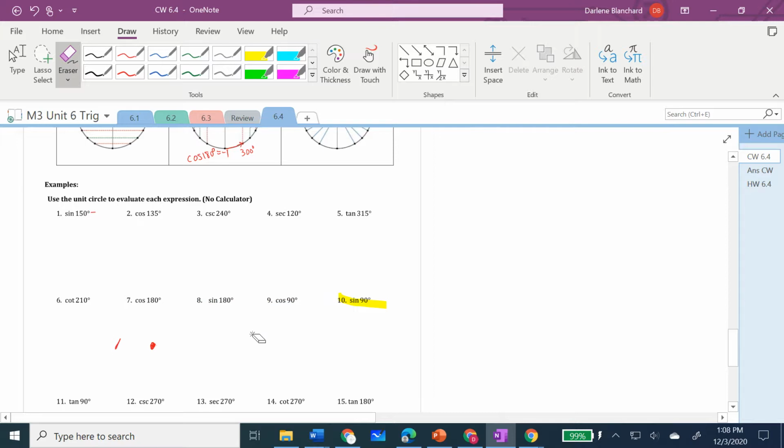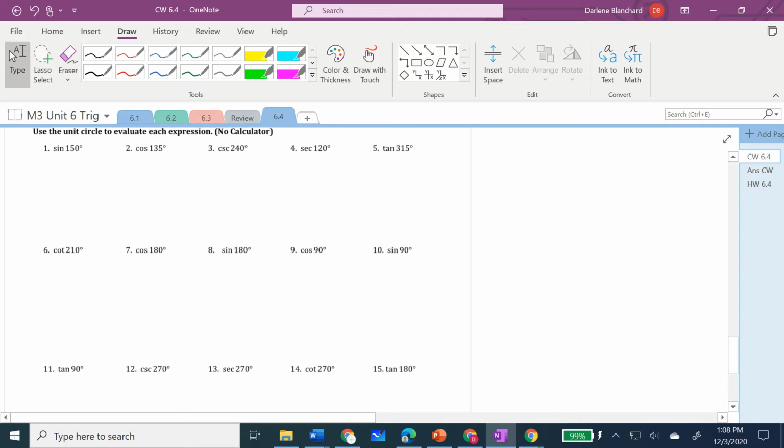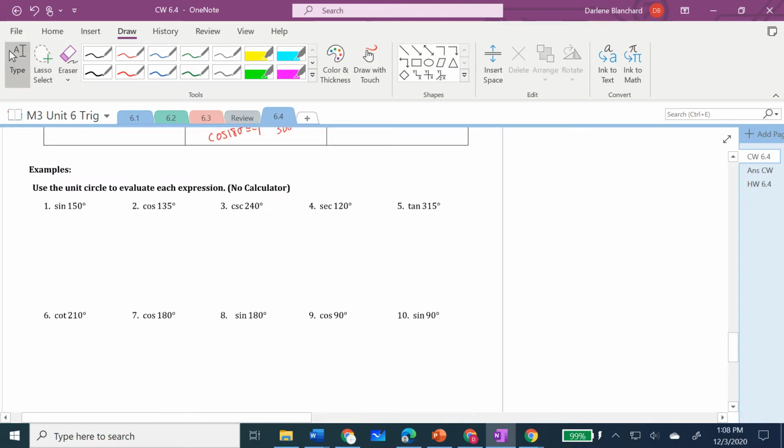Now I'm going to erase these. You have your classwork open. While I've gone through a little bit of this with you, let's go back and look at it again. You've got the circle in front of you. If I ask you to go 150 degrees, that's going to land right there.